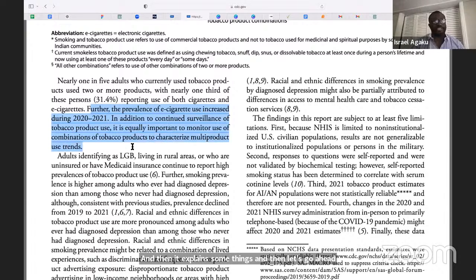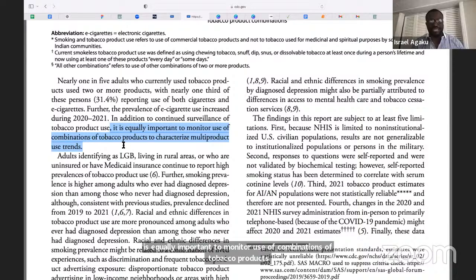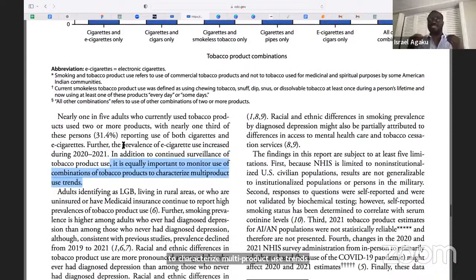So it talks here that in addition to continuous surveillance of tobacco product use, it is equally important to monitor use of combinations of tobacco products to characterize multi-product use trends, right? It ends with one key implication, or the recommendations from the study.